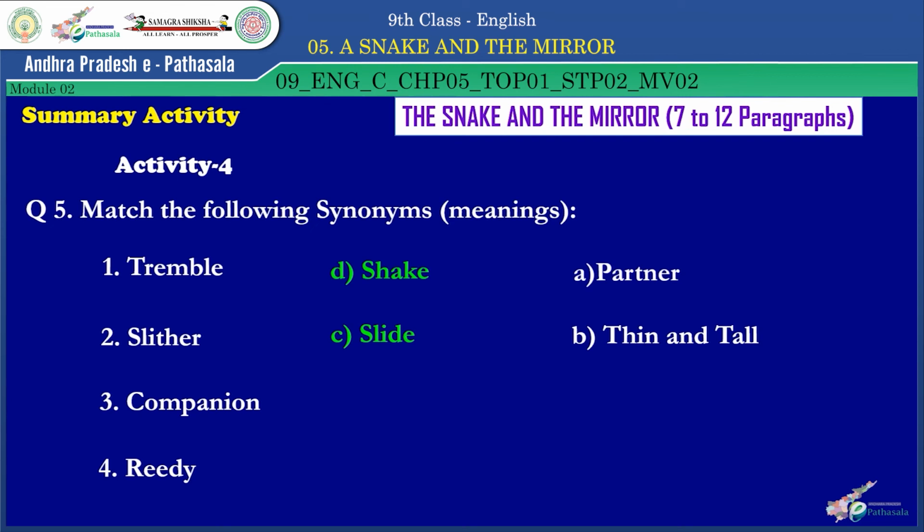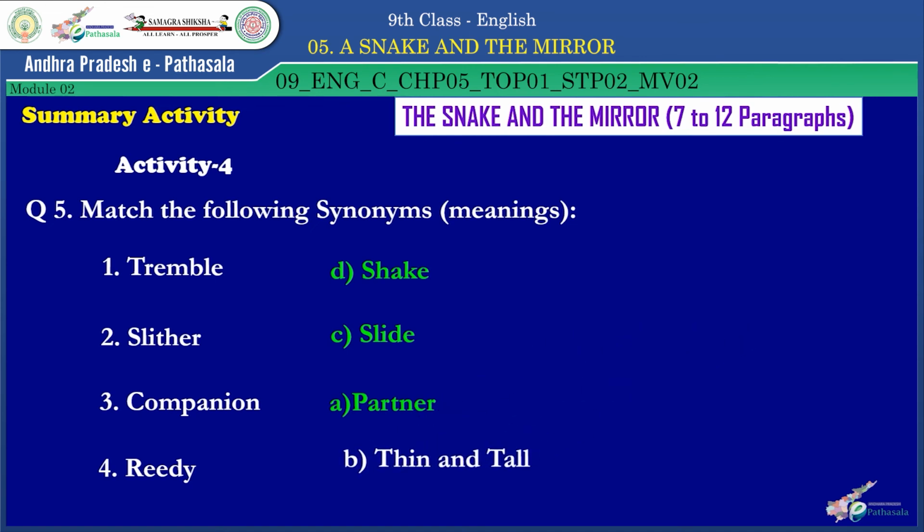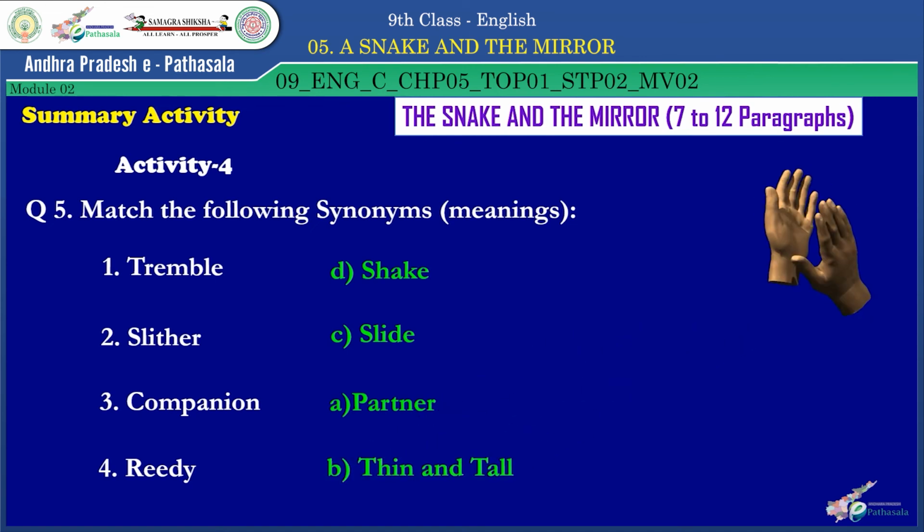And the third one, companion. What may be the synonym for this companion? Yeah, you're right, children. Partner is the meaning of companion. And at last, thin and tall is a synonym of reedy. Children, congratulations. All are right here, as you said, my dear children.